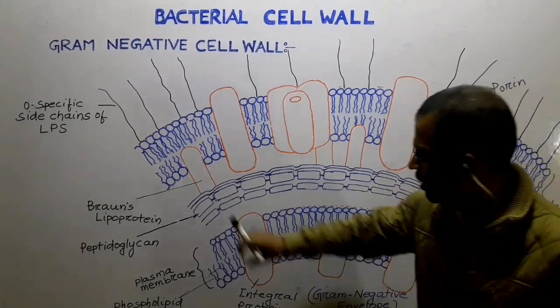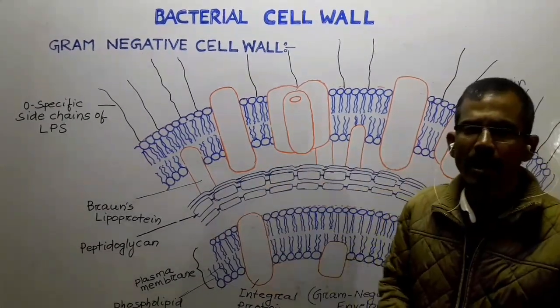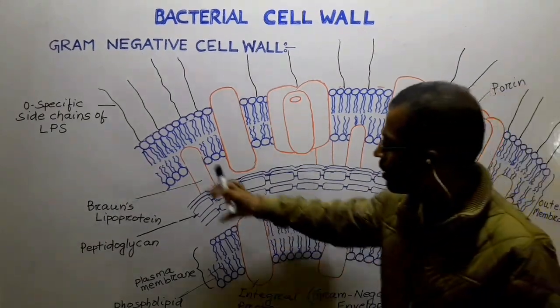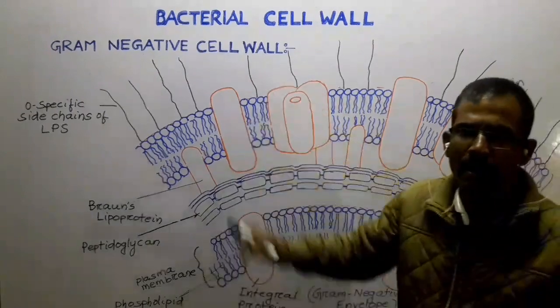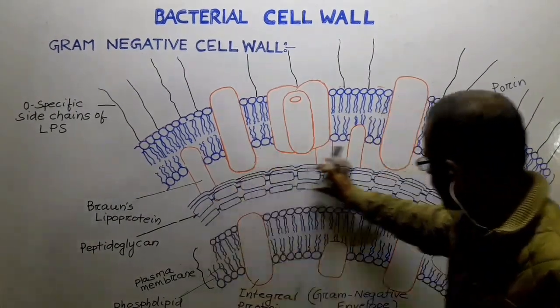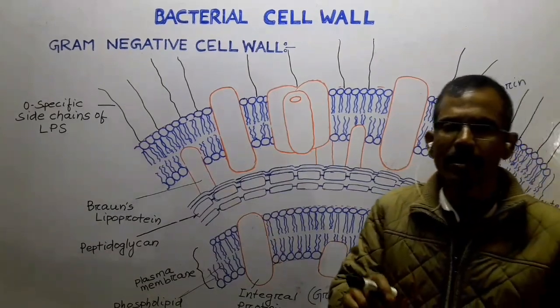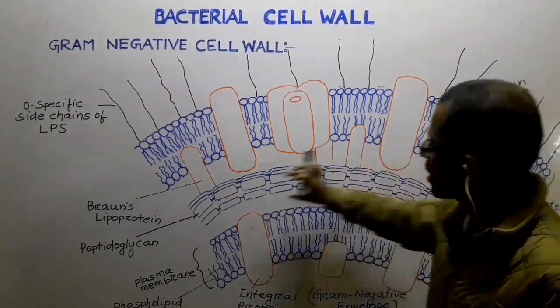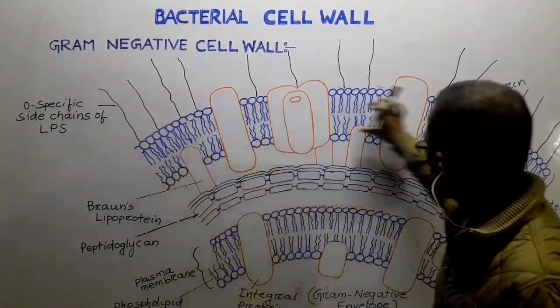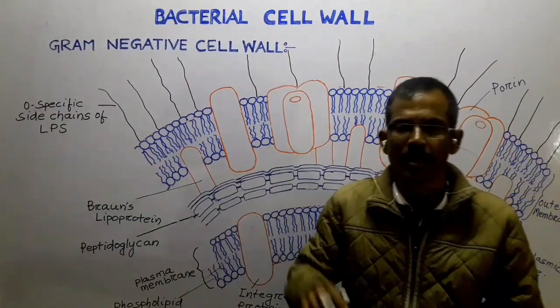It has a 2 to 7 nanometer thick peptidoglycan layer covered by a 7 to 8 nanometer thick outer membrane. This is the peptidoglycan layer, which is 2 to 7 nanometer thick, and this peptidoglycan layer is covered by an outer membrane which is 7 to 8 nanometer thick.